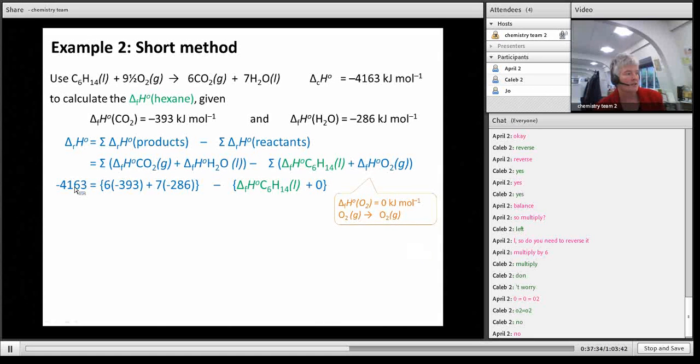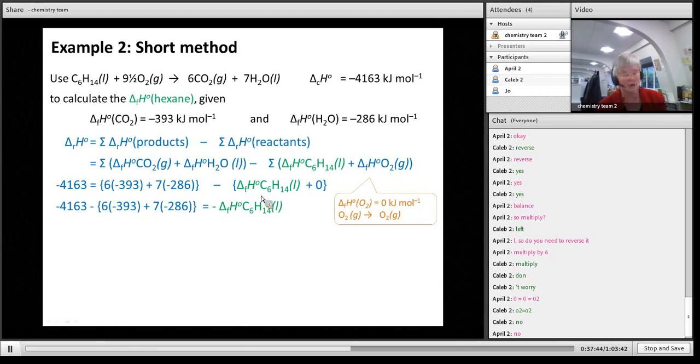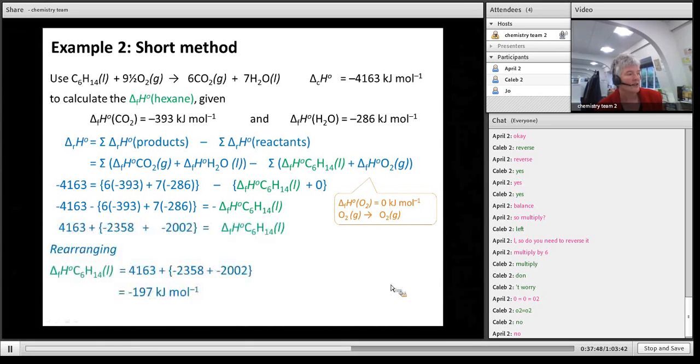Okay, so there I've substituted, and now I just do algebra, putting things on the right side of the equation. So I just want this on one side of the equation, and take everything across to the other side, and I'm going to land up with exactly the same answer.